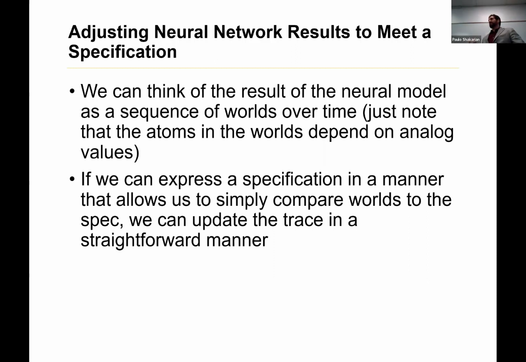The idea is that if we can change the specification into a format where we can just go world by world, if we turn the specification essentially into a list of time points of everything that's true at each time point, then it's kind of easy, right? You can just go to each one and see what's different and change the minimal amount of stuff. And that's basically what's going on here.